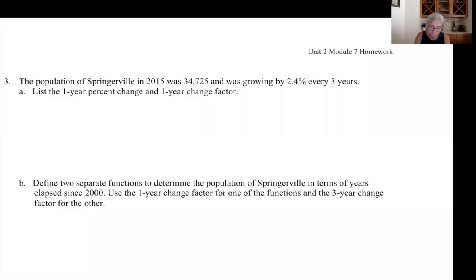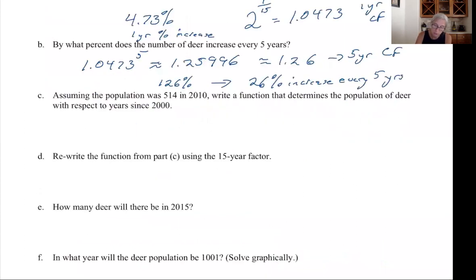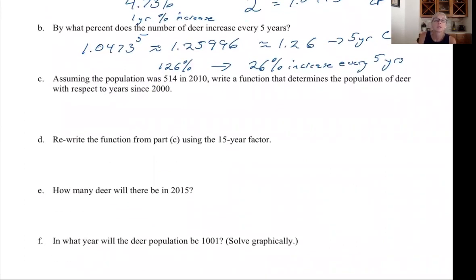Okay, so let's look up at this. Now it says, assume the population was 514 in 2010, write a function that determines the population of deer with respect to the years since 2010. So we have to define some variables here. So we say T is our number of years since 2010. And I'll say P is the population of deer.